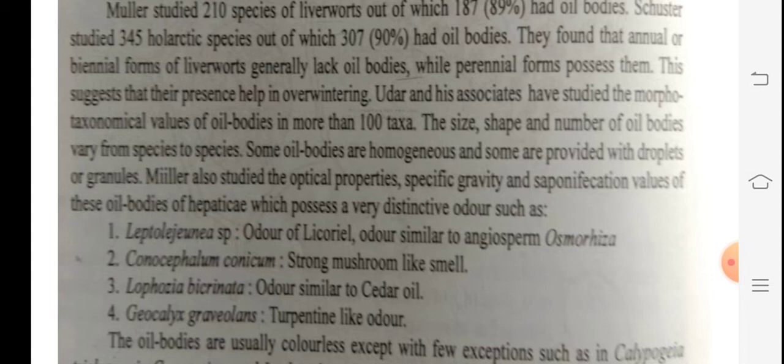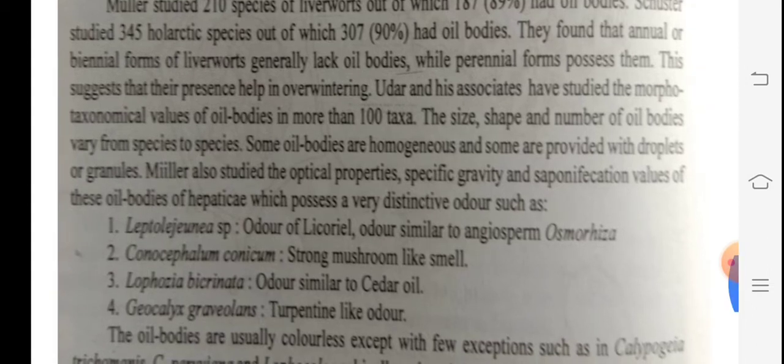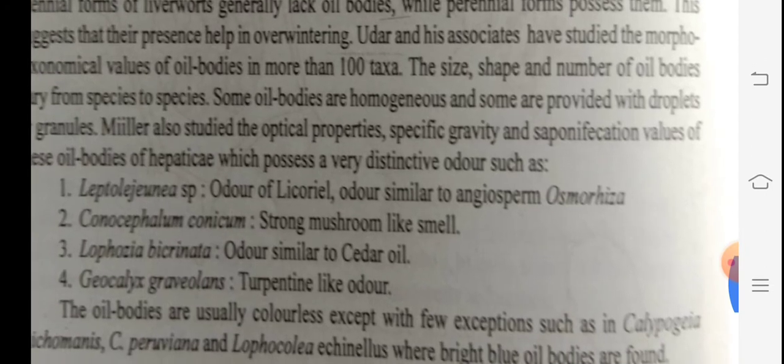As per our Indian scientists Udar and their associates, they also studied the morpho-anatomical characters in 100 taxa: the size, shape and number of the oil bodies. Muller also studied the optical properties, specific gravity and saponification value of these oil bodies.